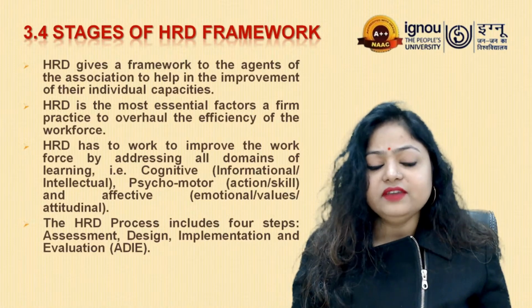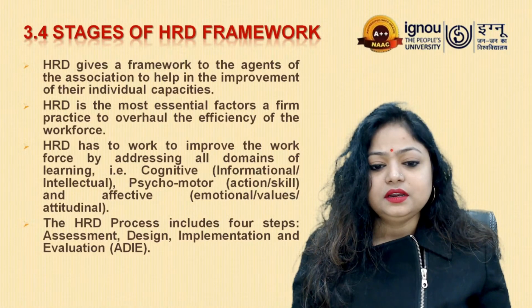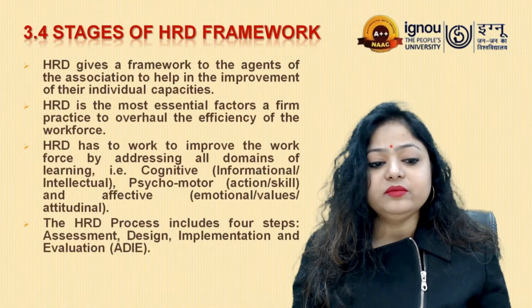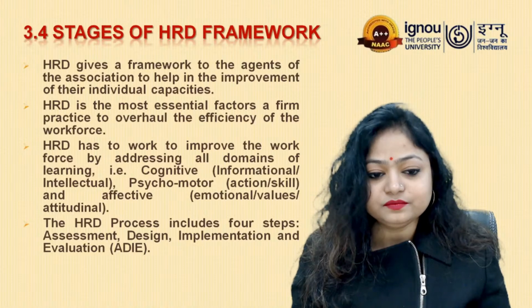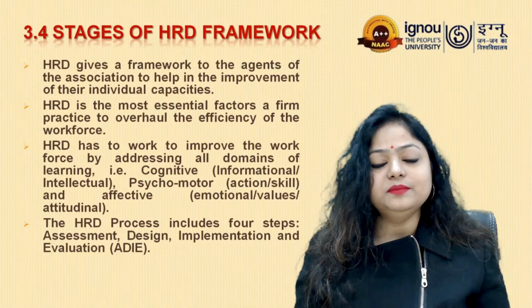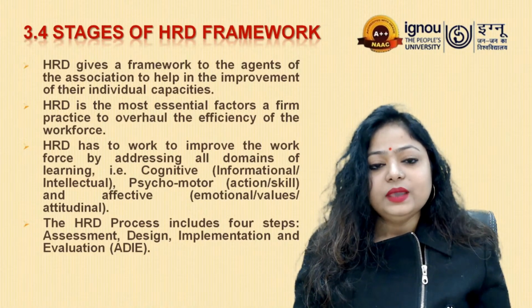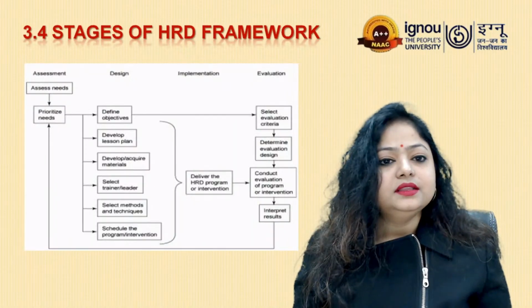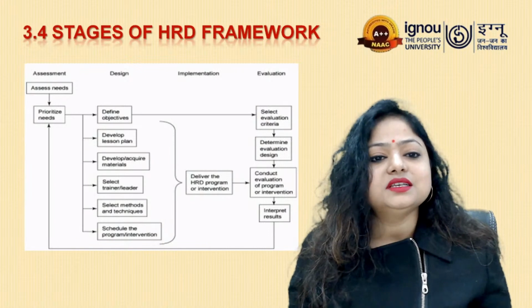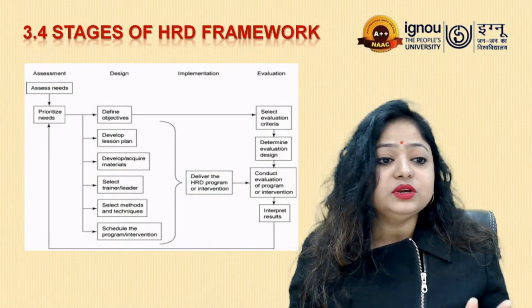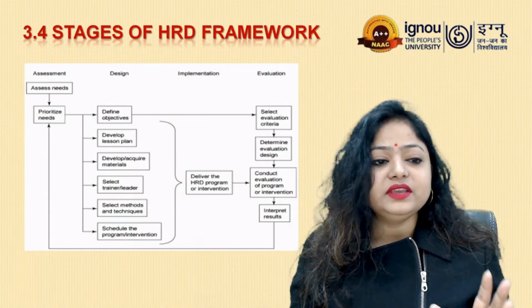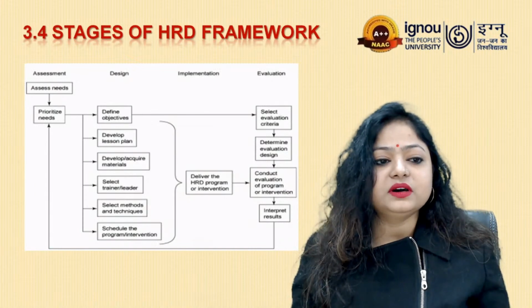Okay, and then the framework is divided into four major steps, that is assessment, design, implementation, and evaluation. So these are the various steps taken in this entire HRD framework, which we are going to deal with in the next slide. There are different stages, and in the first stage, which is assessment, we assess the need of the organization.